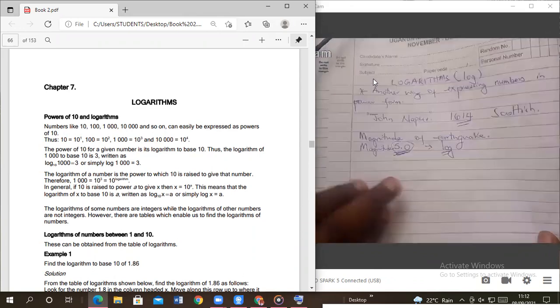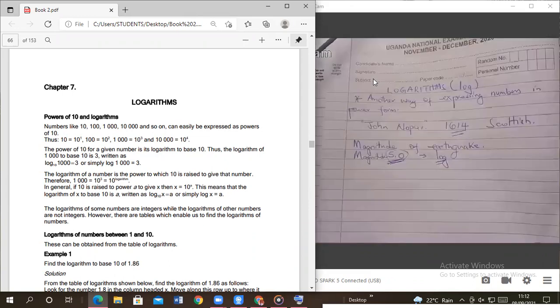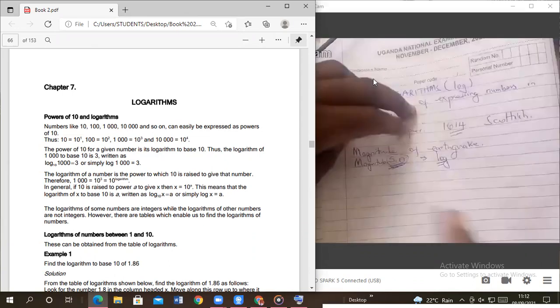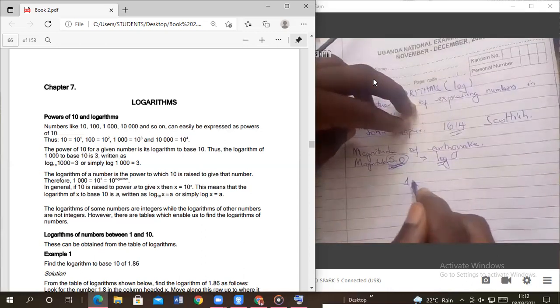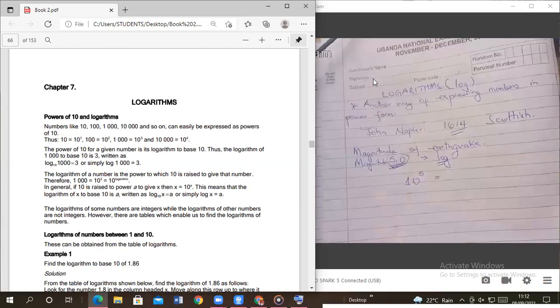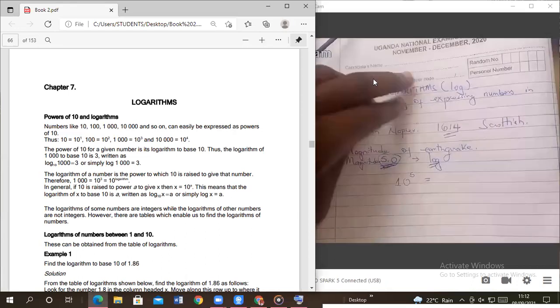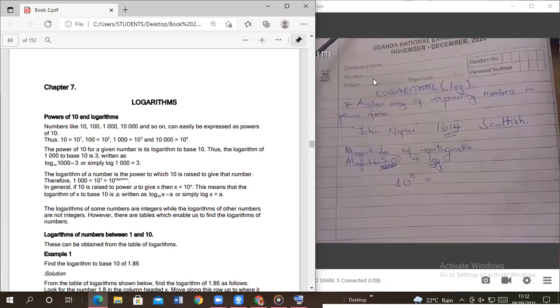The number I've given here is 10 to the power of 5. So they're telling you that the earthquake is of magnitude 10 to the power 5. That's what we are saying in a simple sense. So what is 10 to the power 5, members?